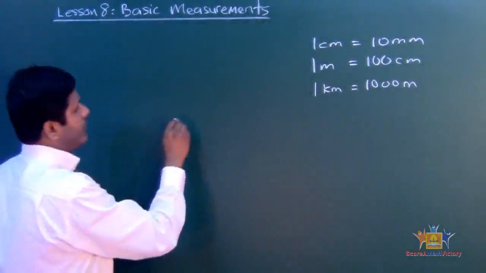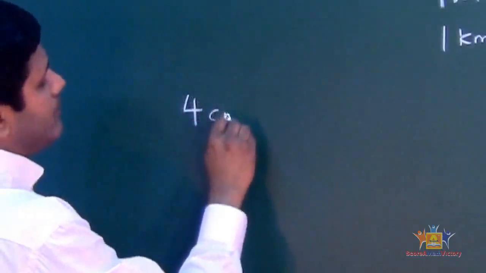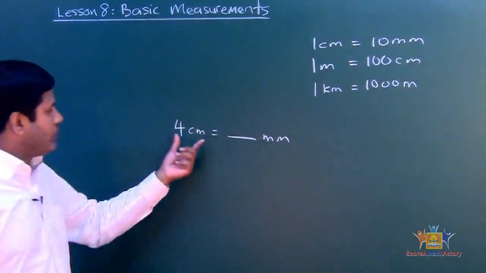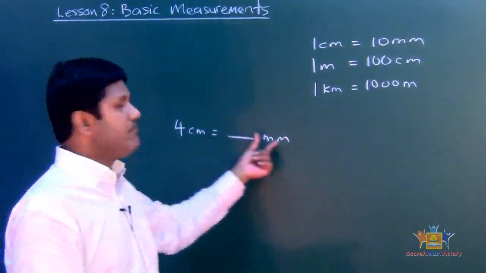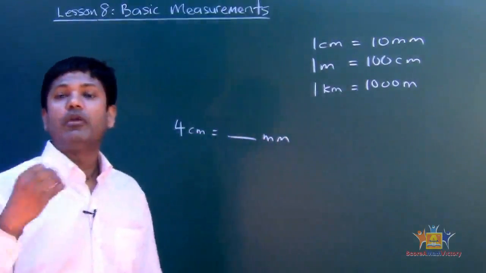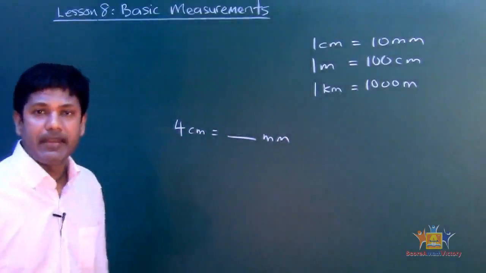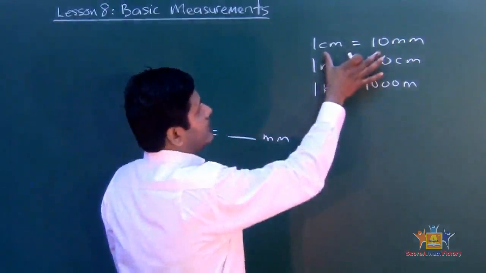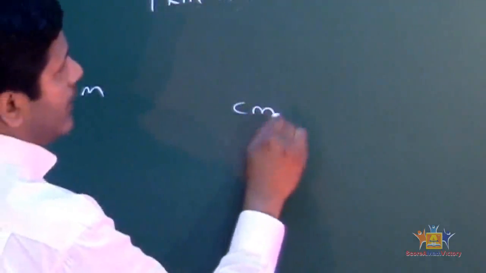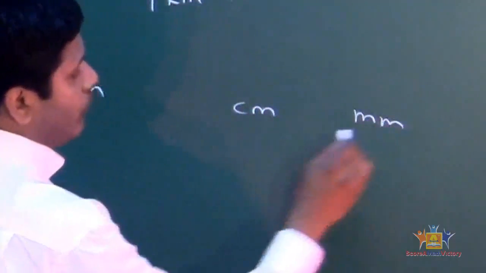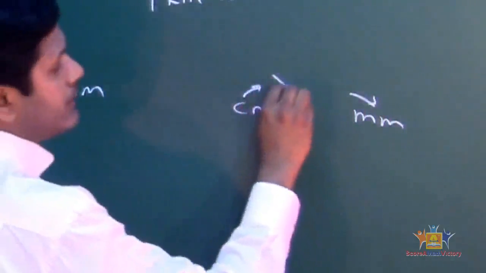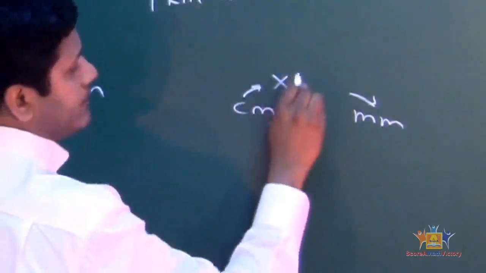Now let's say, if I ask you, 4 centimeters equals how many millimeters? I want to convert the centimeter units to millimeters, and this is why we're going to use the rotation method. When you go from centimeters to millimeters, you multiply by 10.